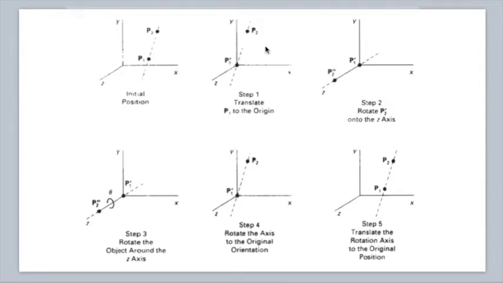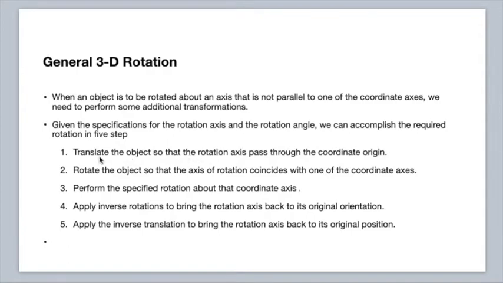Okay, so what you do is, step one is to translate P1 to the origin. That is one of the points in the rotation axis. Translate the object so that the rotation axis passes through the coordinate origin.